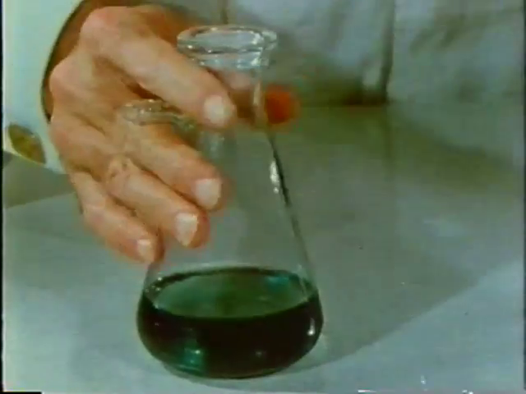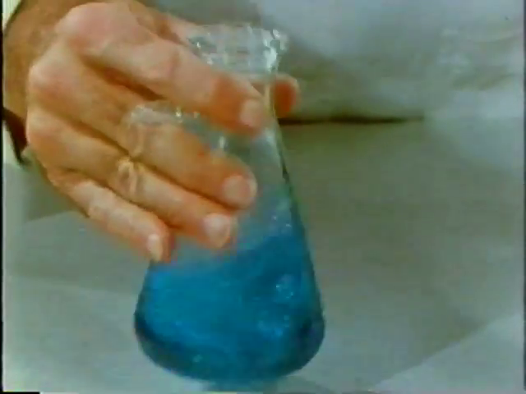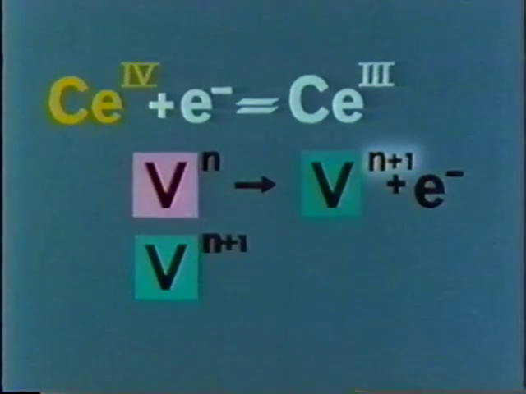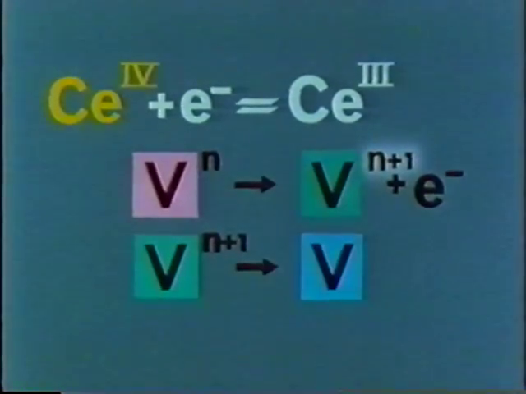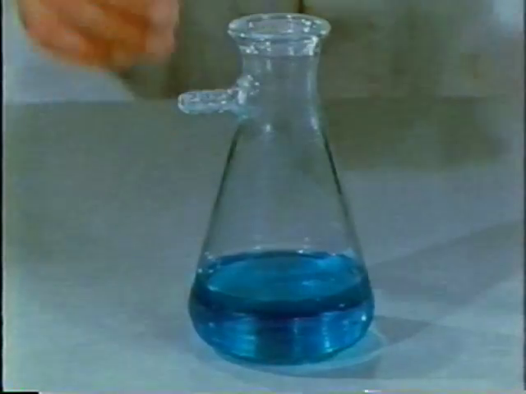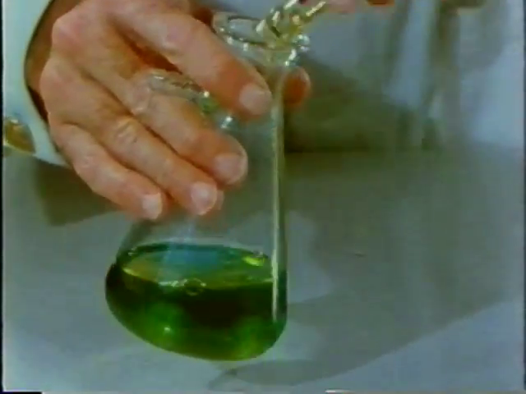Let's try to oxidize the vanadium further by adding another 5/1000ths mole of cerium-4 ion. The vanadium is now oxidized to the blue form. Here, each mole of green vanadium gives a mole of blue vanadium and a mole of electrons. Blue vanadium must be 1 oxidation number higher than green vanadium. Let's add another 5/1000ths mole of cerium-4 ion.